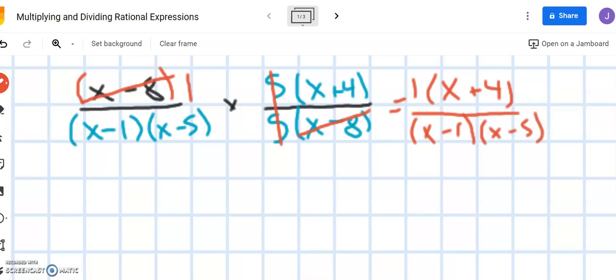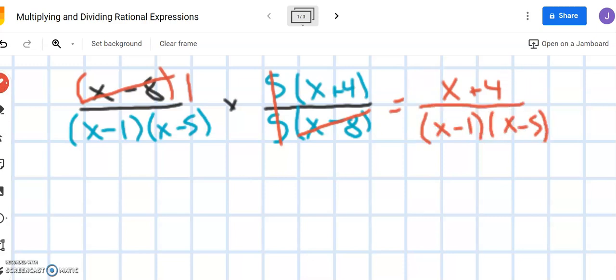Of course, multiplying by 1 doesn't change my answer, so this 1 over here is just extra. So the simplified version of this answer is x plus 4 over x minus 1 times x minus 5.